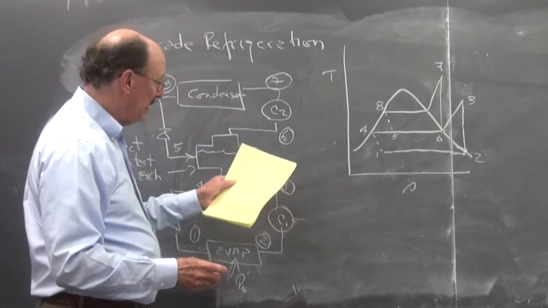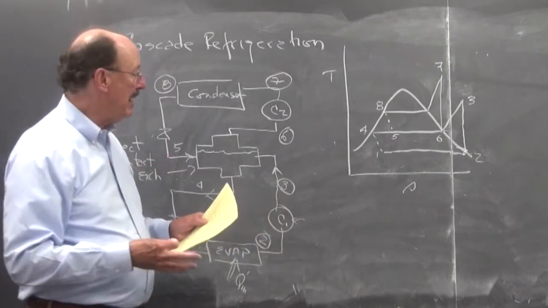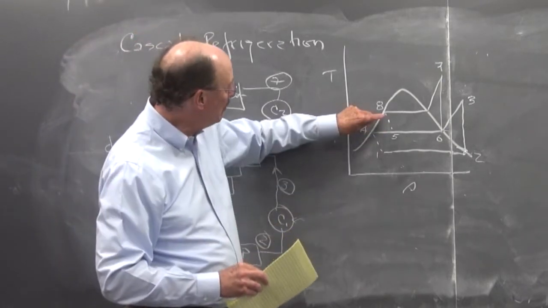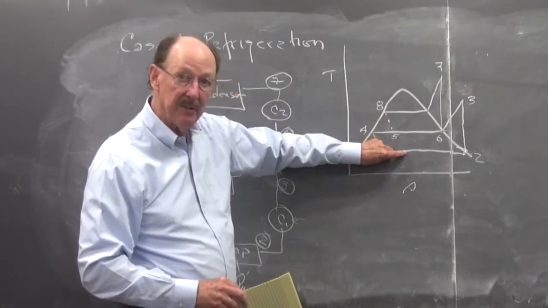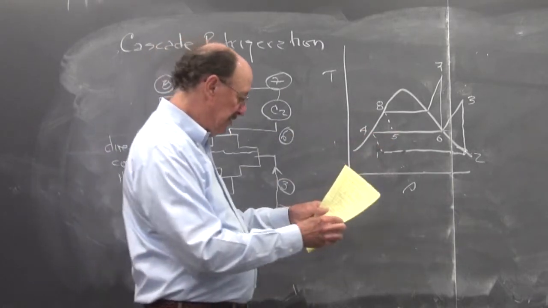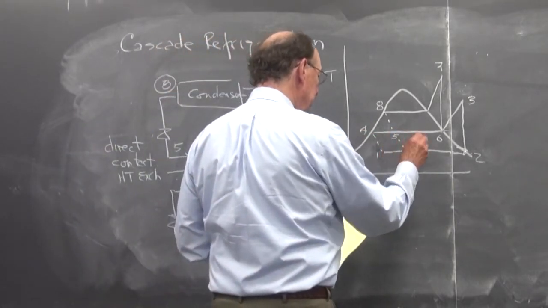So when I look at this, compared to one stage, if I had one stage of compression, it would go from 8 all the way down to here. And if I had one stage, it would keep following this line.